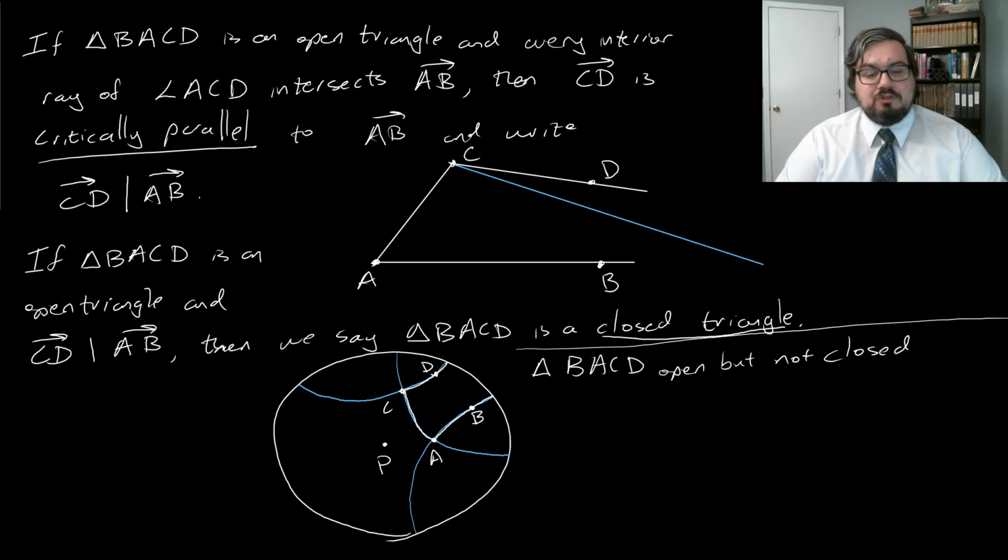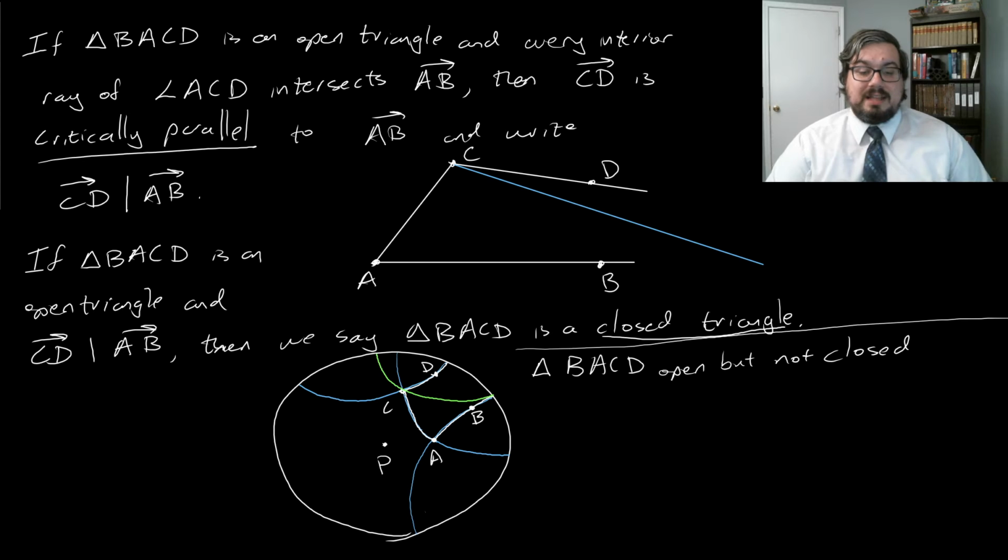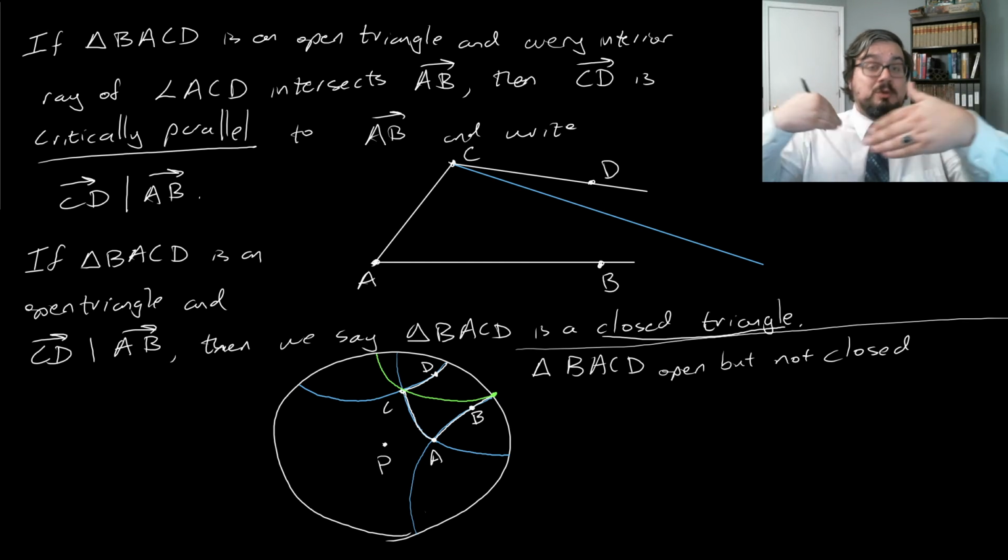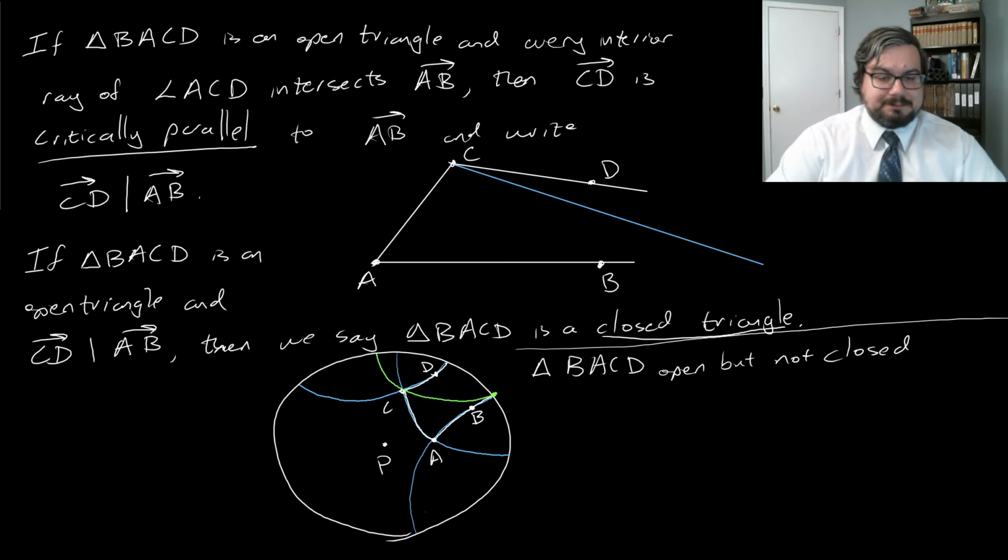If I want to construct a closed triangle, then basically what I have to do is construct the ray that goes like this, where the green circle and the circle containing AB don't intersect in the Poincaré model, but they do intersect at the boundary. There is a point out here on the boundary where those two Euclidean circles intersect.